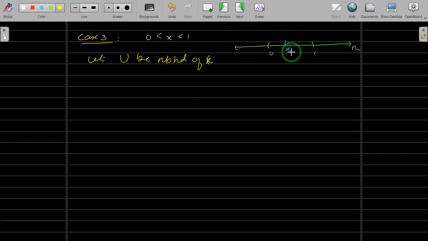Now x lies between 0 and 1. Now it says every neighborhood of x should intersect this 0, 1. Just by looking at this you can see, because whenever you take any neighborhood it will be an open interval. So either it will be inside this or outside this, no problem.